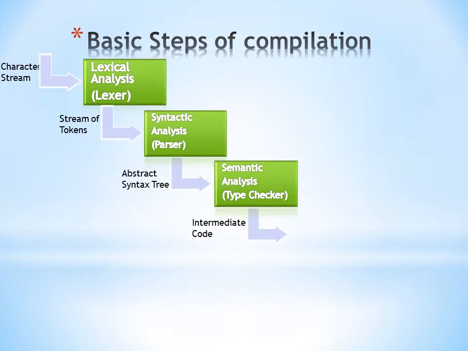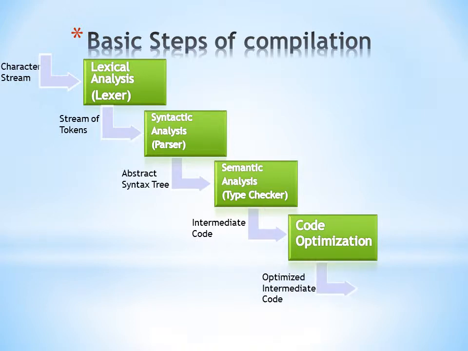This code is optimized. Then the optimized intermediate code is used to generate the code, which we call the machine code.